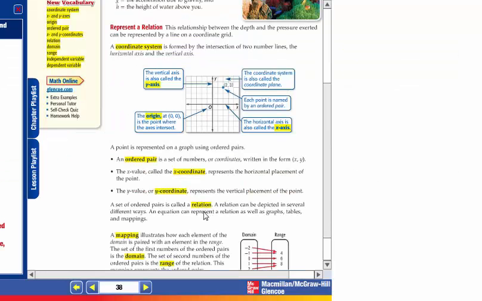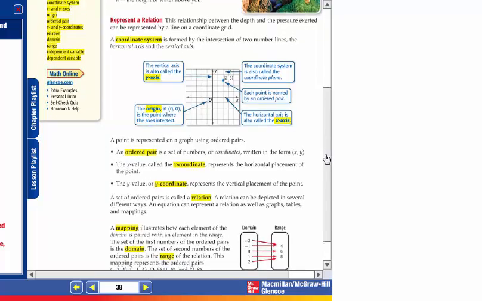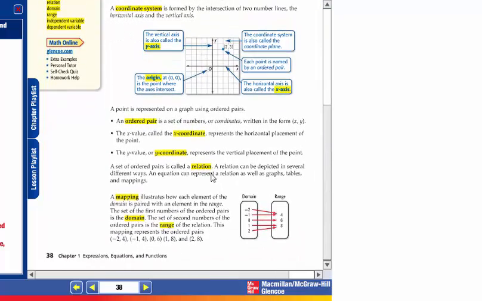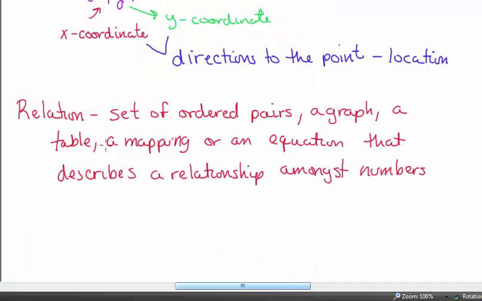Okay, so it can be depicted as graphs, tables, mappings, an equation, and it is a relationship. So if you think of relation, relationship, it describes the relationship between the numbers.